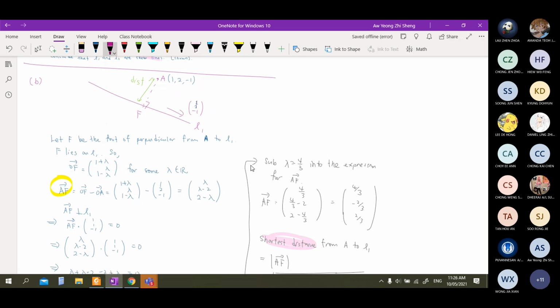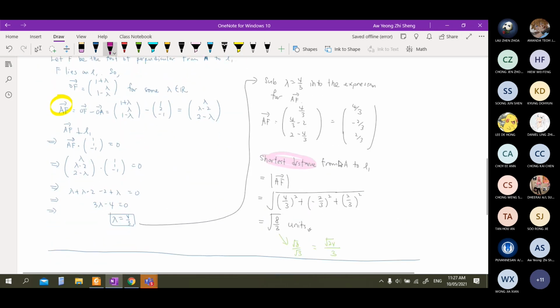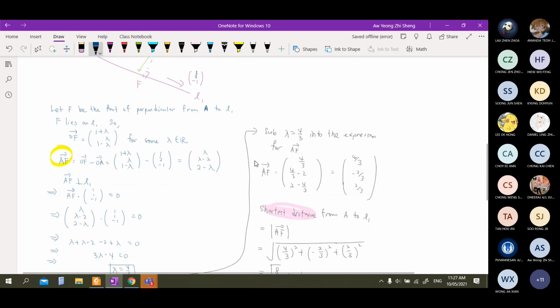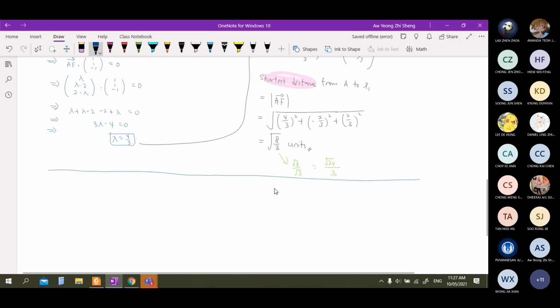We haven't covered cross product yet at this stage, but we will learn a faster way to find distance from point to line when we do FP1 vectors. And the method that I'm using here is actually not the fastest way, but it still works.